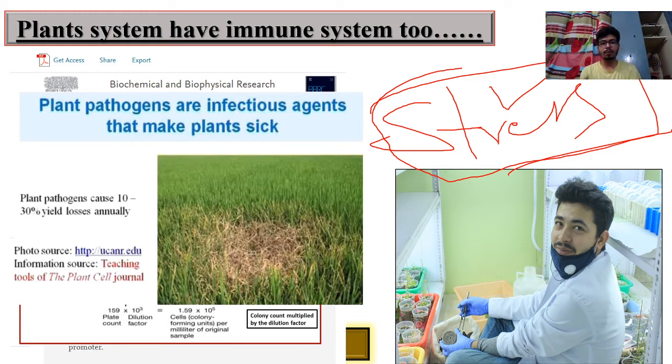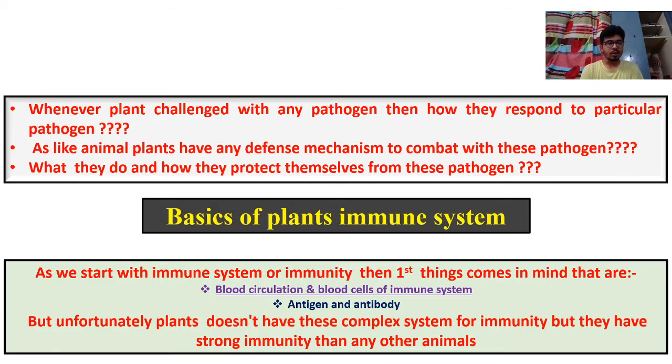The topic of discussion here is that plants have an immune system too. Like us, we have blood circulation, blood cells, and immune cells, but plants don't have this complex creation. Still, the plant immune system is much more efficient than that of animals. The first question is, whenever a plant is challenged with a pathogen, how does it respond?